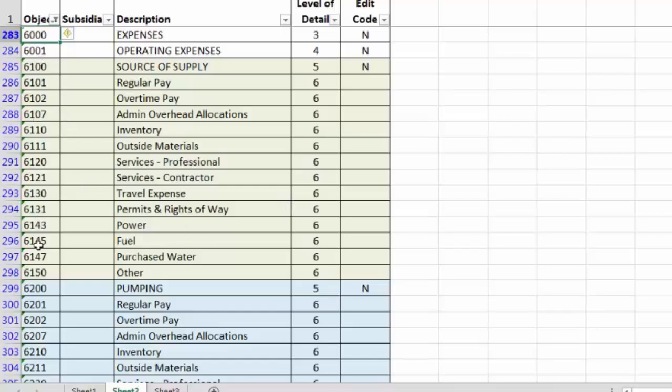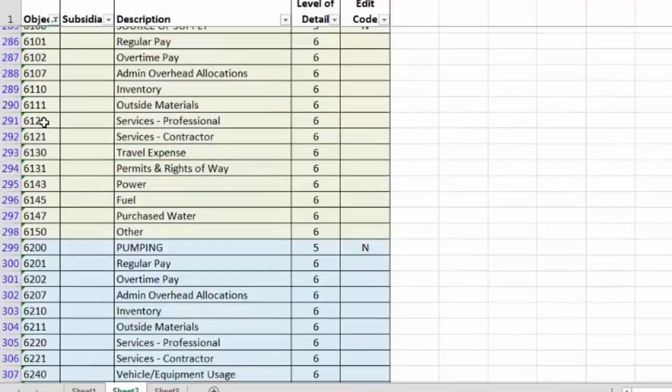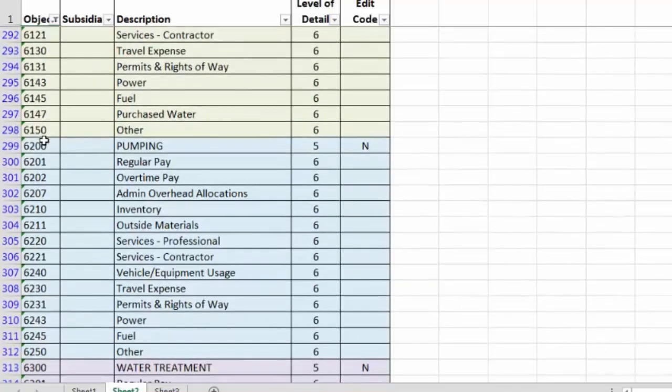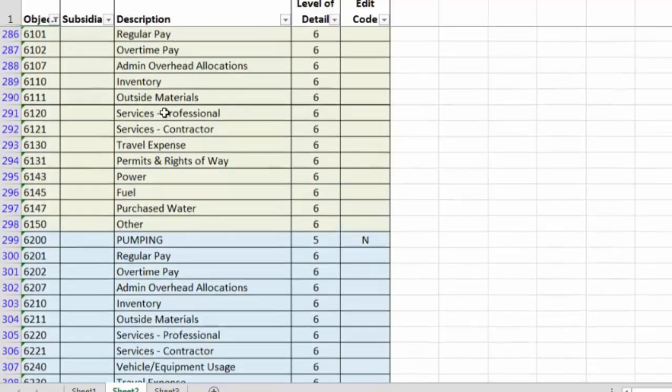I already mentioned that the last two digits are consistent. Also consistent is that where I have expenses that are particular to a department and not across the board, I use 47 as my last two digits to show that this is still an operating expense for a job, but it may be different within my groups of jobs.